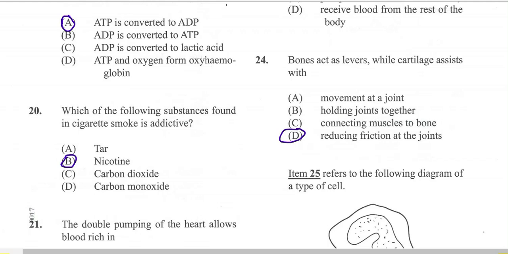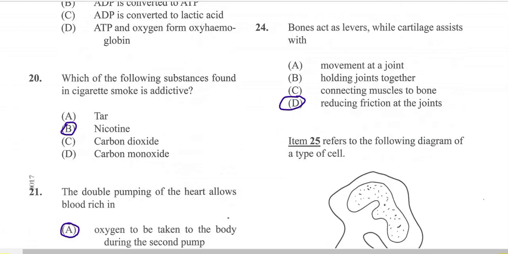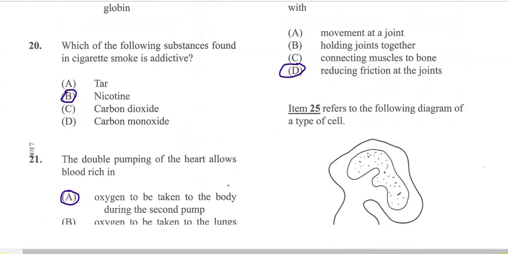And carbon dioxide, of course, is not that addictive gas. It's that gas that is a product of respiration. Of course, you're going to get some whenever there is some amount of combustion and the combination of carbon and oxygen that might come out. But our answer for question 20 is going to be B, nicotine.